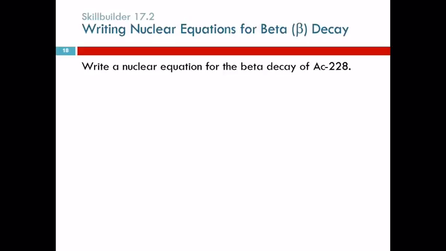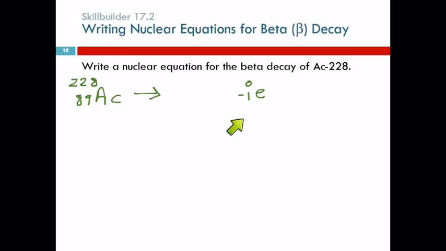So let's write a nuclear equation for the beta decay of actinium-228. So Ac-228. Need the periodic table to figure out what its atomic number is. 89. Beta decay. So that's an electron.